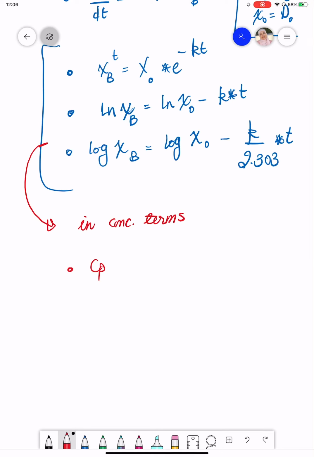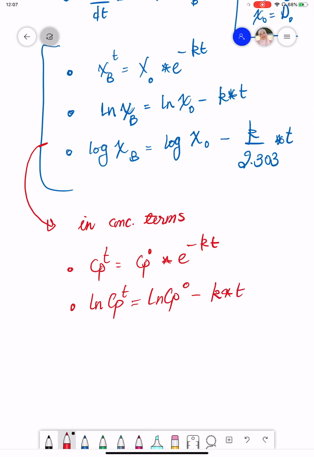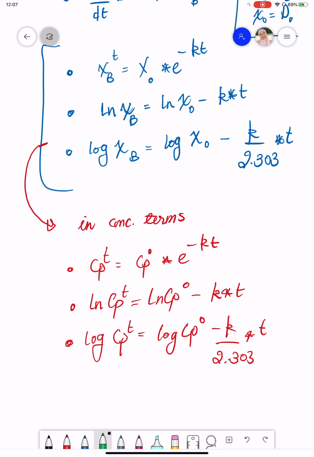We could have the concentration measured in the plasma, let's say, or in the biological fluid, at a certain time equal Cp node, also in ln terms, multiplied by the time, or in log terms, multiplied by the time.